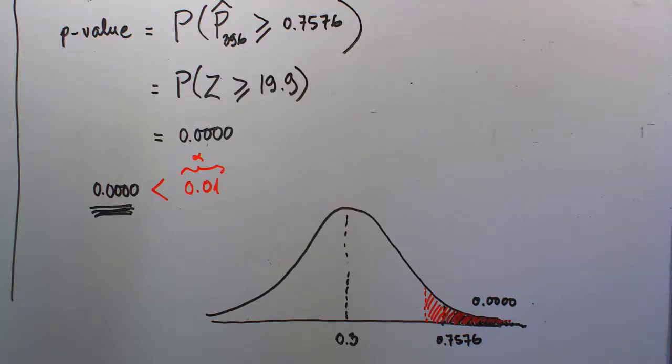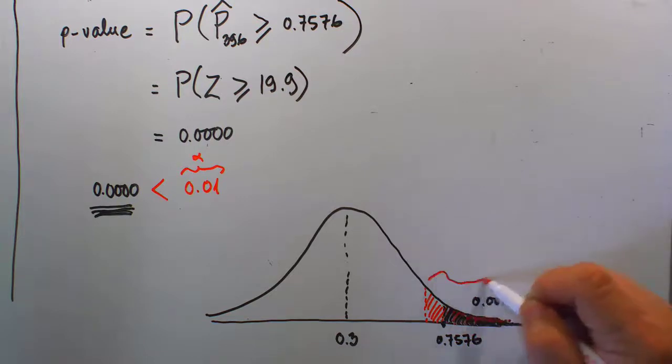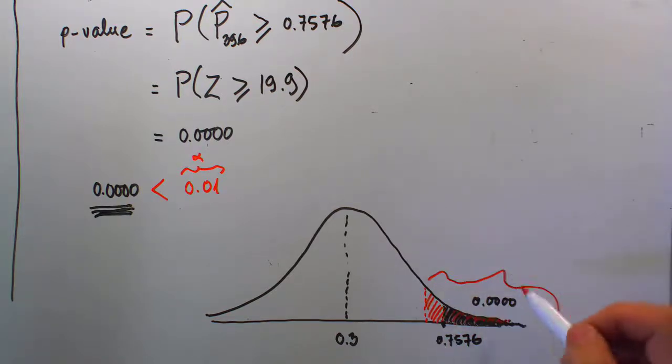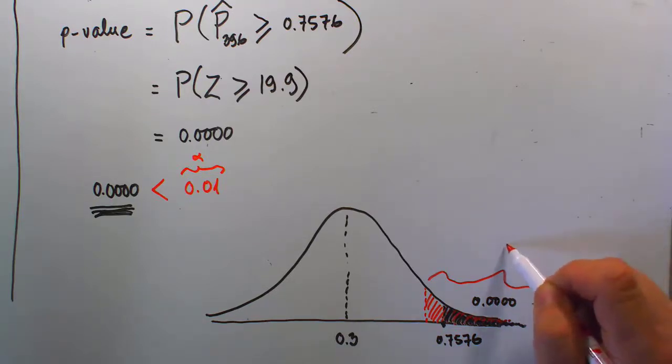So due to the fact that the black area representing my p-value is smaller than the red area as my significance level, that means for sure, take a moment and feel free to pause the video to think about it, but that means for sure my sample must fall inside of the red area, this area all in red, starting here and to the rest of the bell curve to the right hand side. That is how big the significance level is.